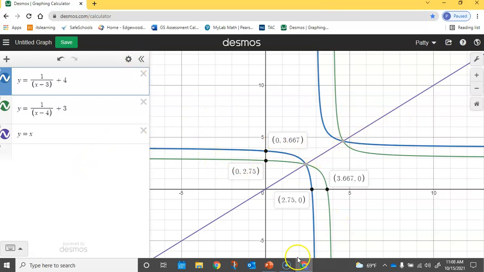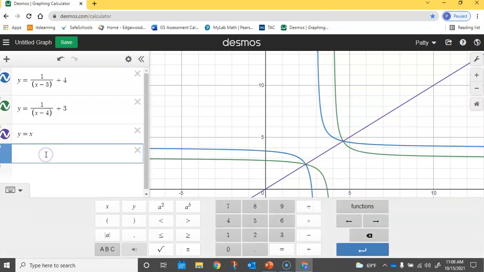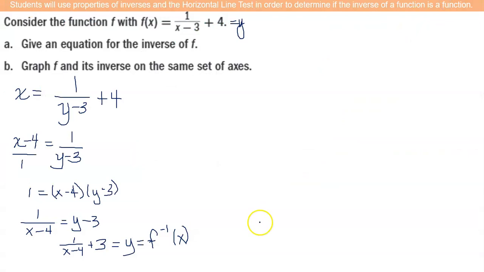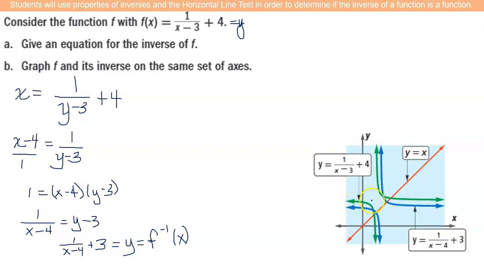Now, is the inverse a function? Well, if I graph a vertical line, or if I look at my graph and take a vertical line across it, does the inverse, which is the blue one, pass the vertical line test?